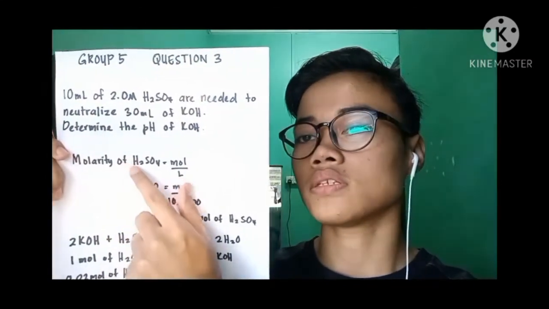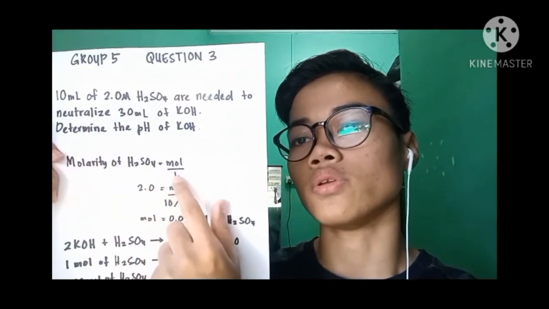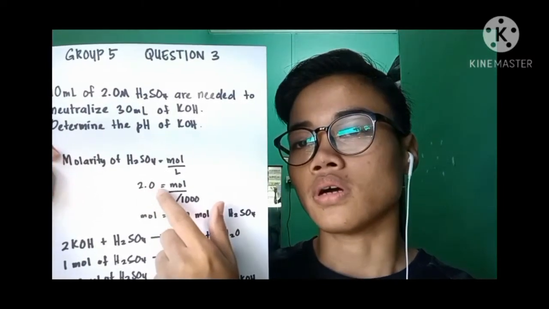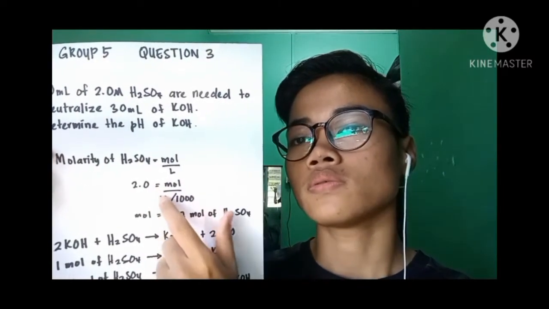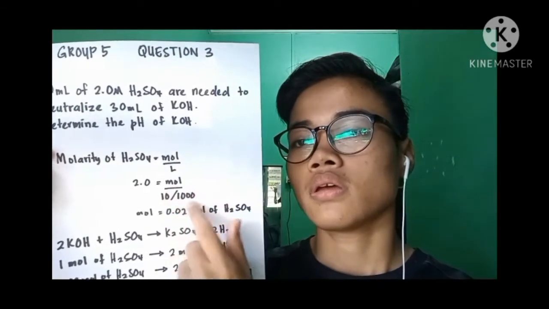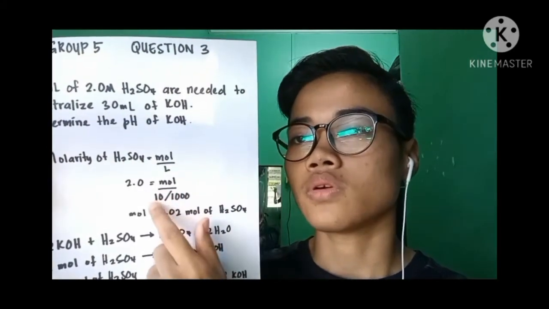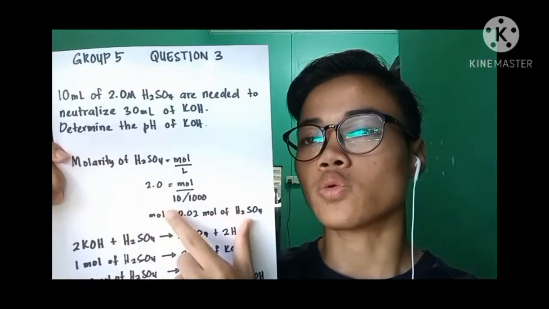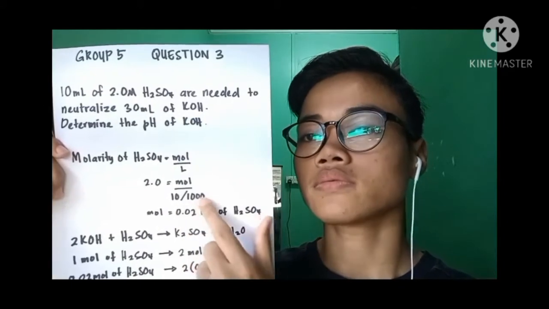Molarity of sulfuric acid is equal to mole over volume. 2.0 equals mole divided by 10 over 1000. 10 over 1000 is because we were given 10 milliliters, so we must convert it to liter.